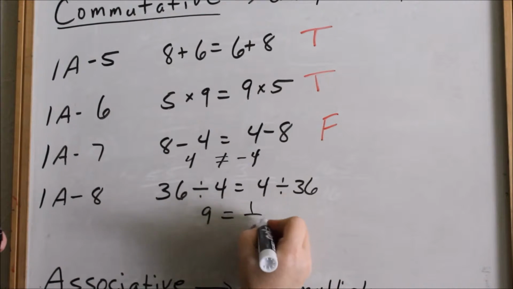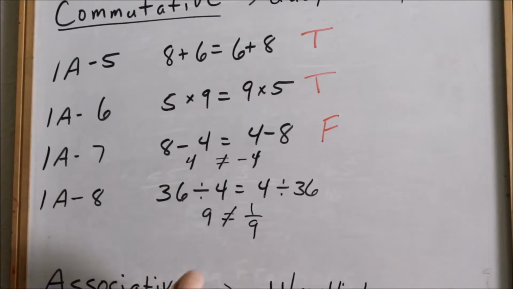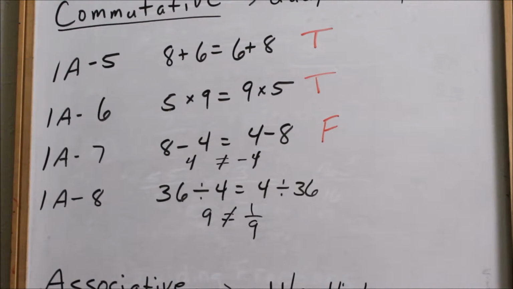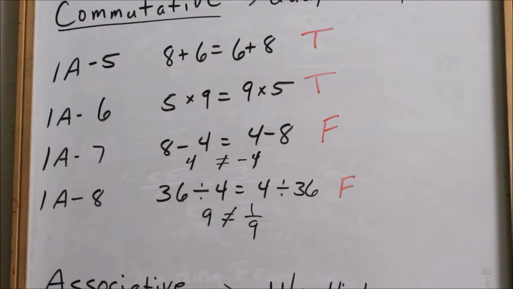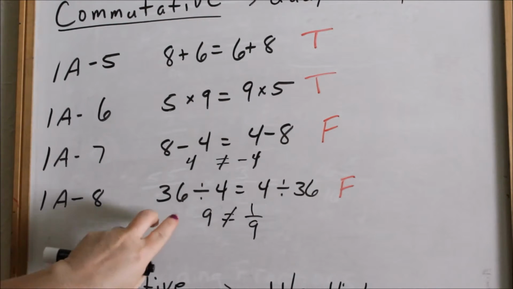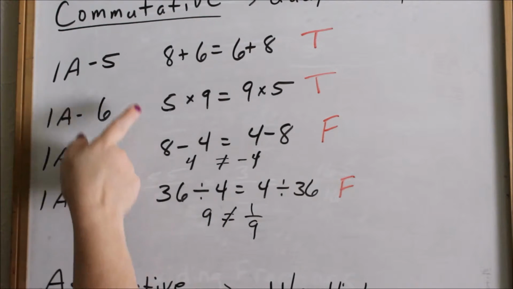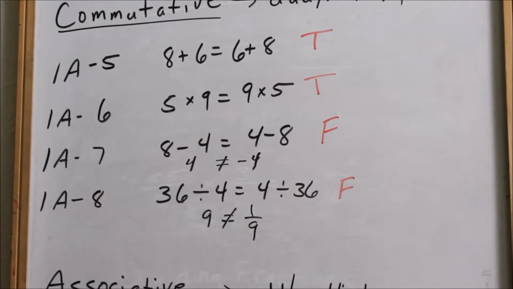So 9 does not equal 1/9. Therefore, this statement is false. That also shows you you cannot do division with commutative. You cannot switch your numbers around the operation sign with subtraction or division. Only with addition and multiplication. That is the commutative property.